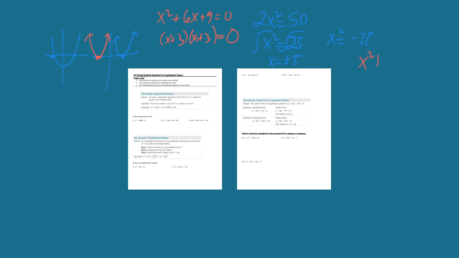Say that you had x squared plus 5x plus 4. You can't solve that by subtracting 4 and trying to square root it. It doesn't work. Your better choice would be to either graph it or to factor it. This would factor real quickly, and then you use the zero product property. So of the 5 methods, it's about looking at your question and asking, what options do I have? What makes sense for this problem?